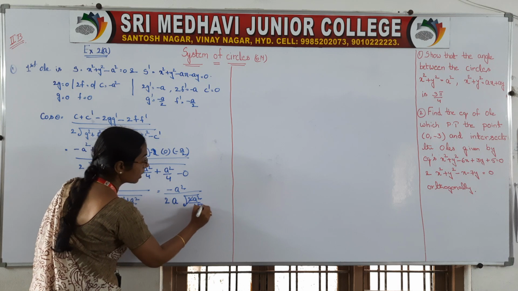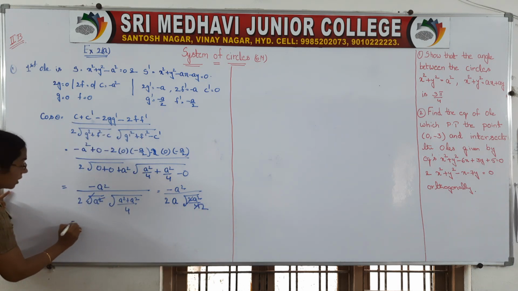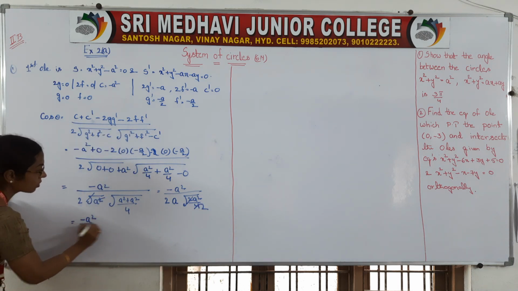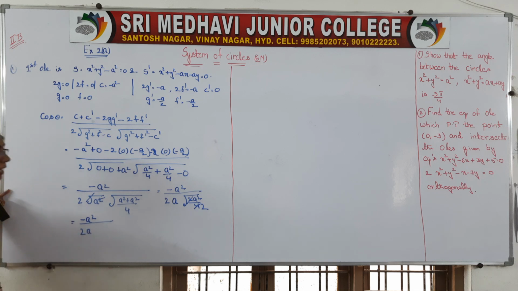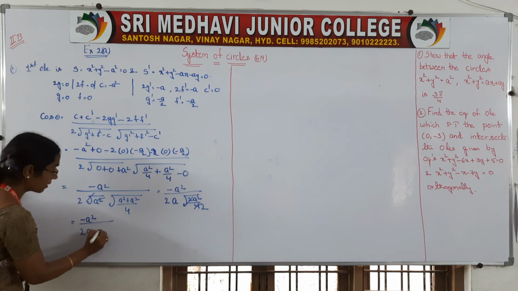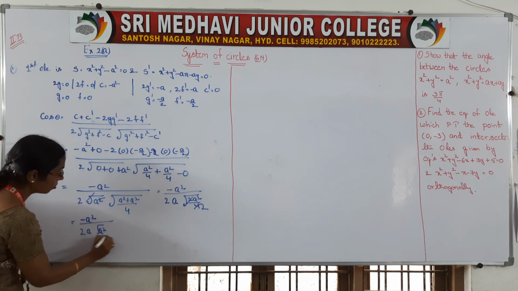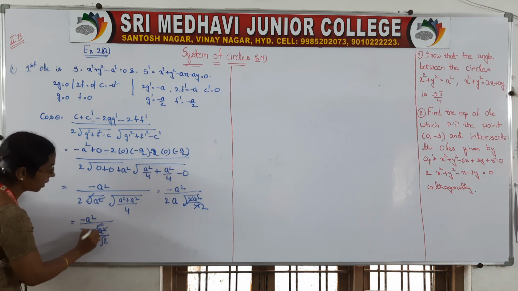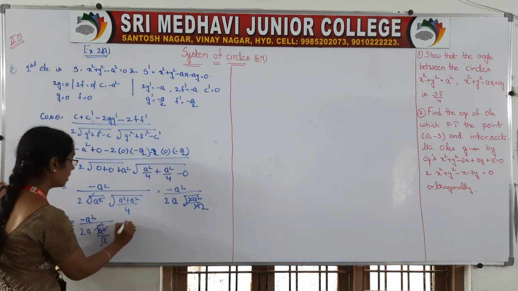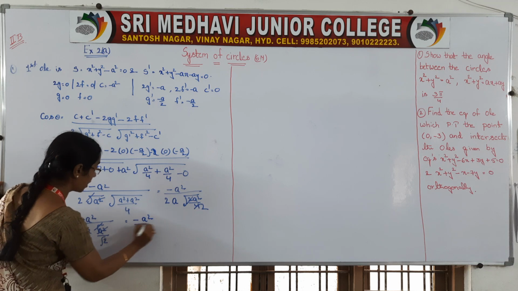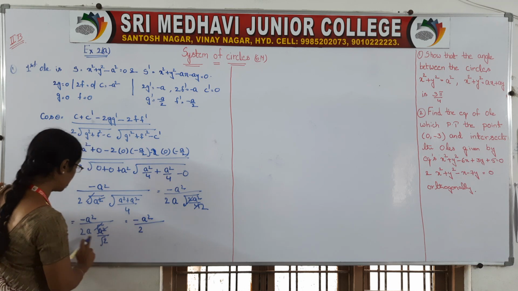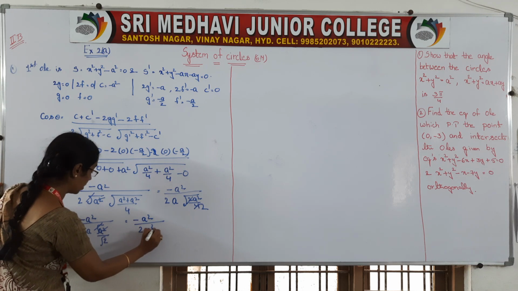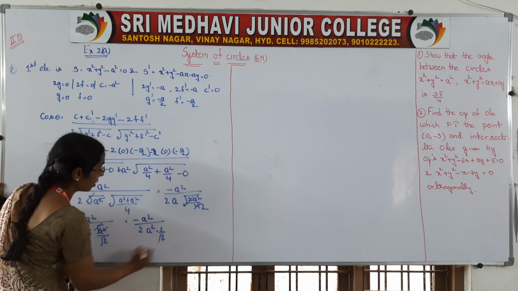We can write a square root separately and root 2. The square root cancels, so it is minus a square by 2 into a square into 1 by root 2.